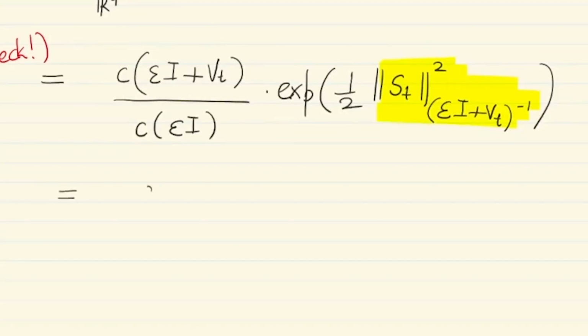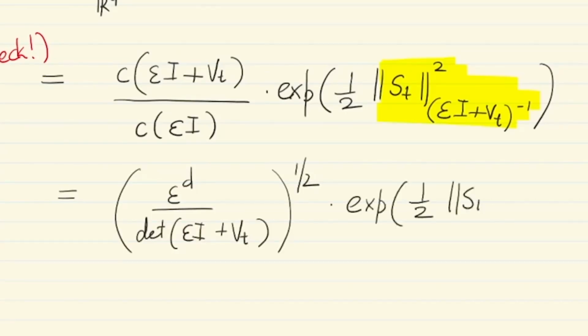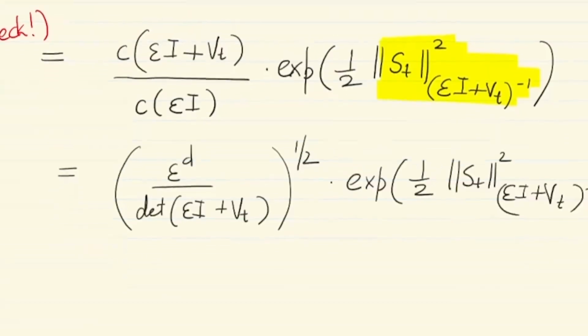This extra term is precisely the determinant of epsilon I, by definition, which is epsilon to the d divided by the determinant of epsilon I plus V_t, the whole raised to half, into e raised to half the weighted norm of S_t, the self-normalized term here. And this is basically a martingale.